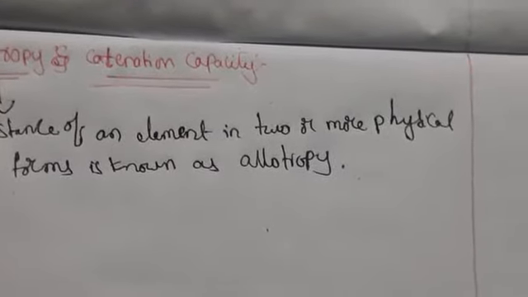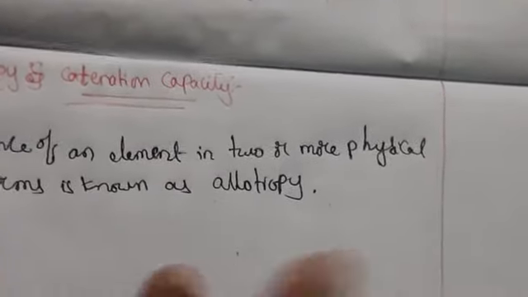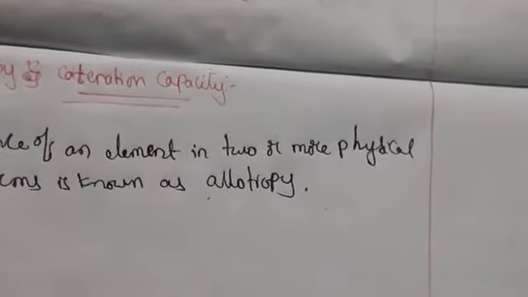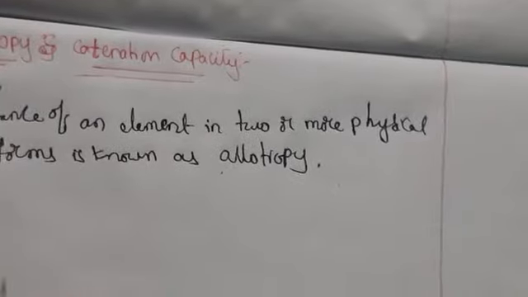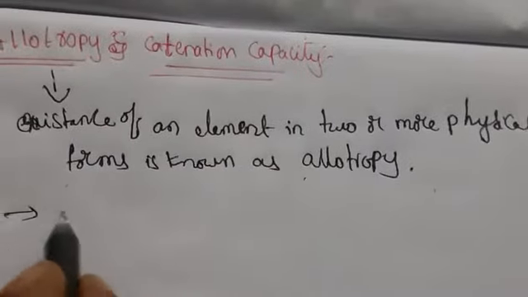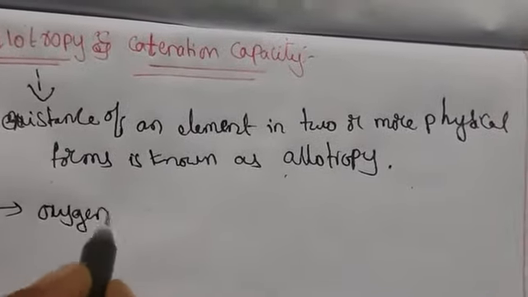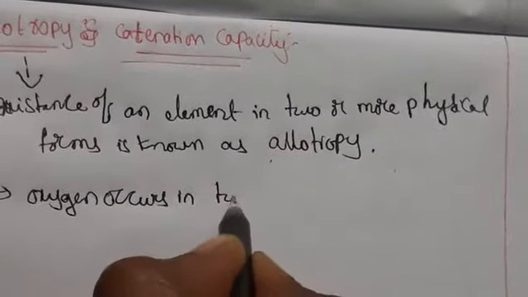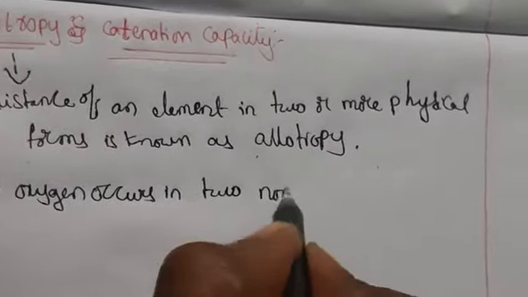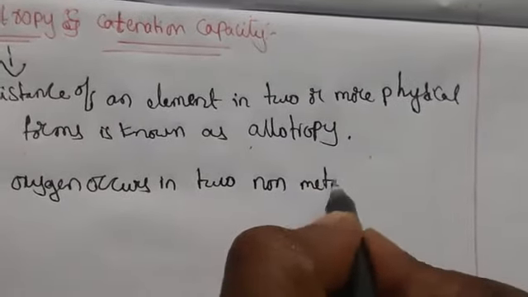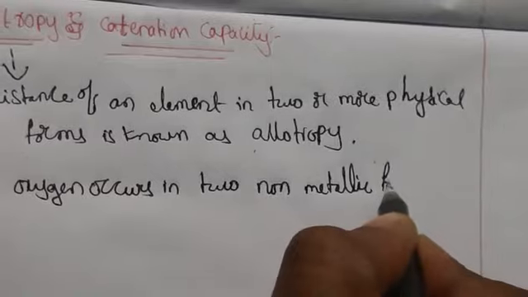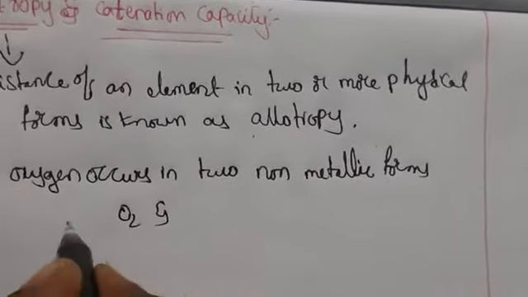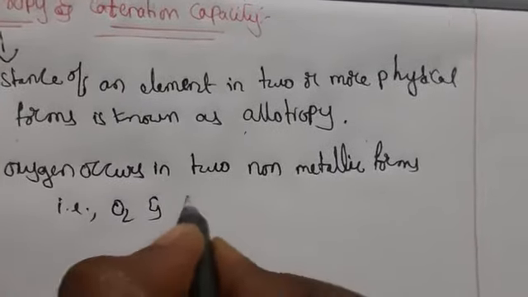Group 16 elements exhibit allotropy. Oxygen occurs in two non-metallic forms, that is O2 and O3.